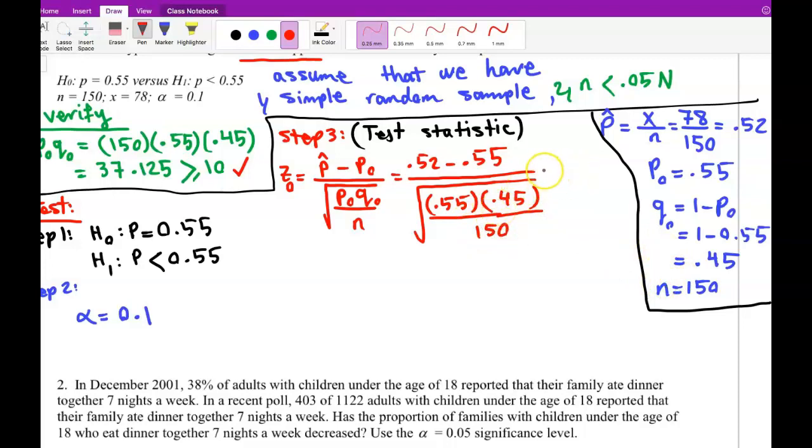Then rounding this part, the answer is negative 0.74. So that was step 3.